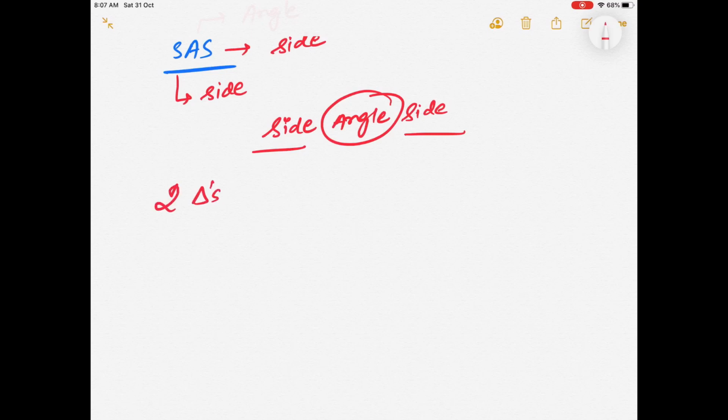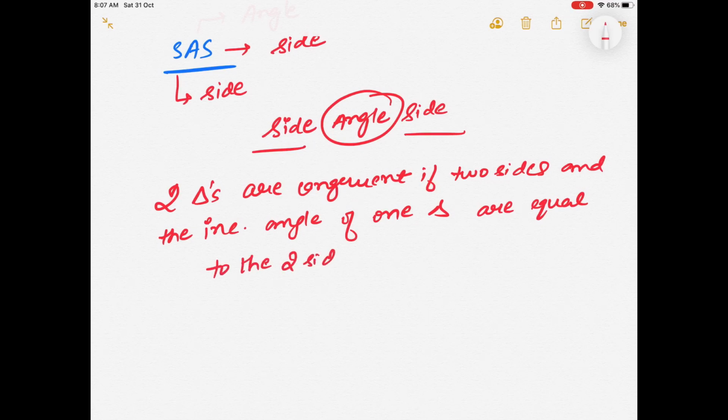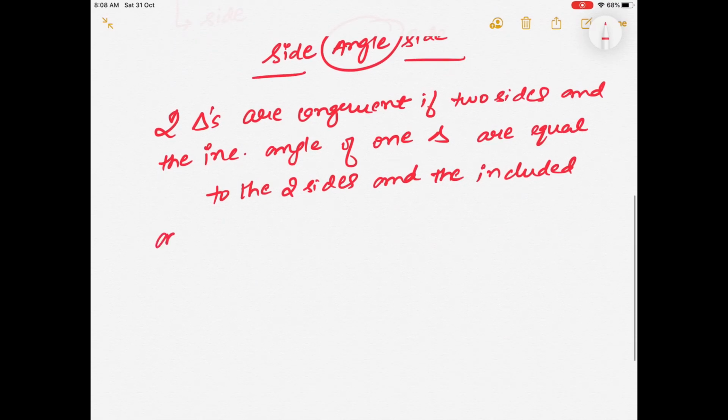Two triangles are congruent if two sides and the included angle of one triangle are equal to the two sides and the included angle of the other triangle, the second triangle.